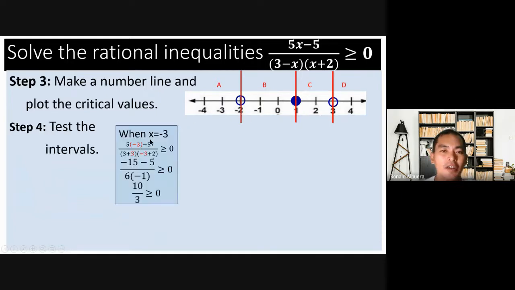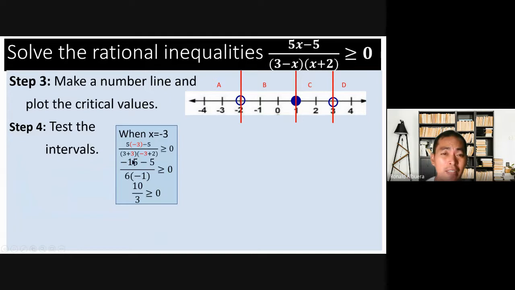Okay. So we have here, for A, I choose negative 3. And when we simplify, 5 times negative 3 minus 5 all over 3 plus 3. Bakit naging plus? Kasi minus yung sign doon. So magiging plus na siya kasi negative 3 times negative is positive 3, times the quantity of negative 3 plus 2.